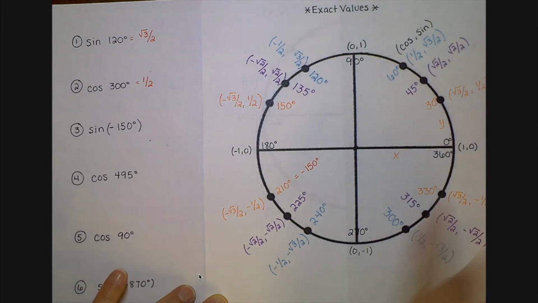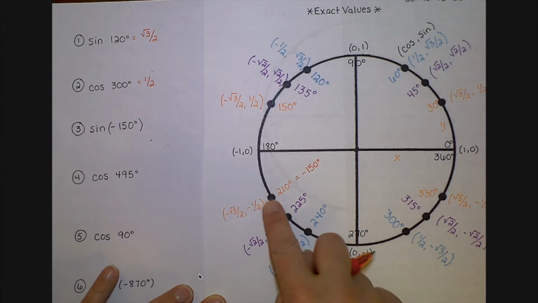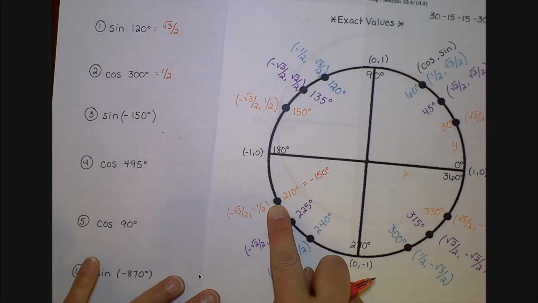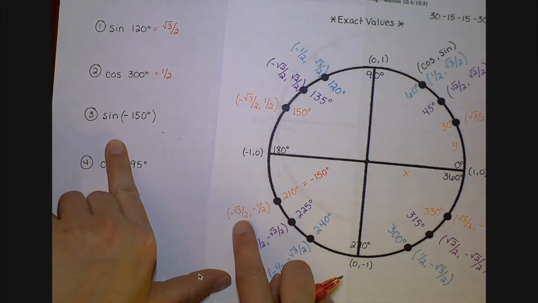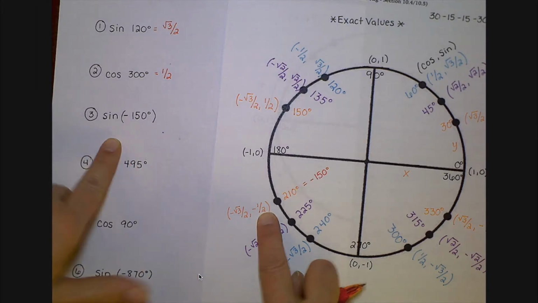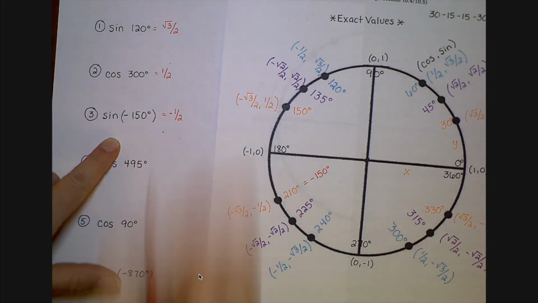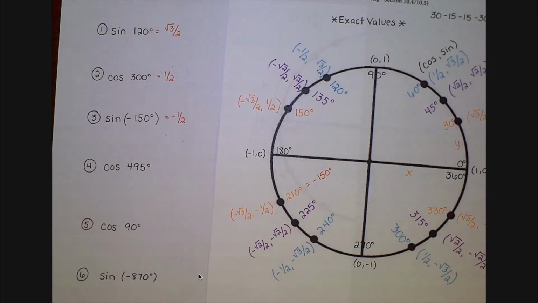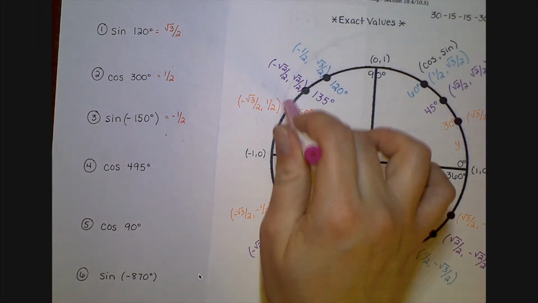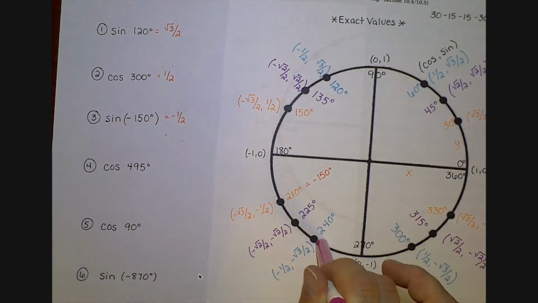That's 150 degrees going this way. So this is the angle I want to look at for negative 150. I'm asked about the sine, which is the y value. So that would be negative 1/2. The other trick that you may have learned last year is negative angles and positive angles are always vertical reflections of one another.